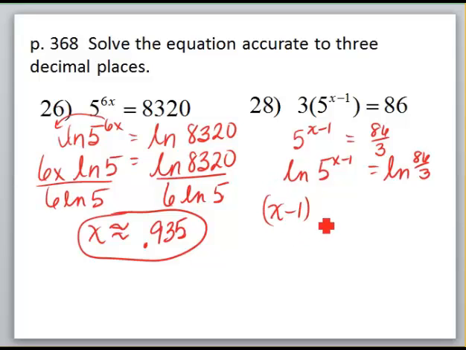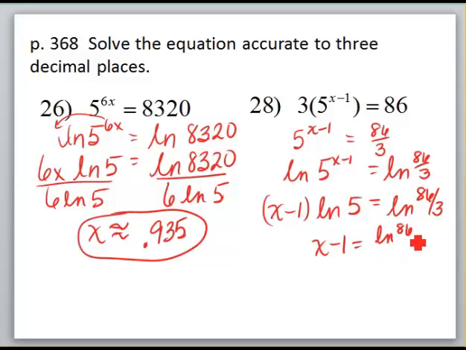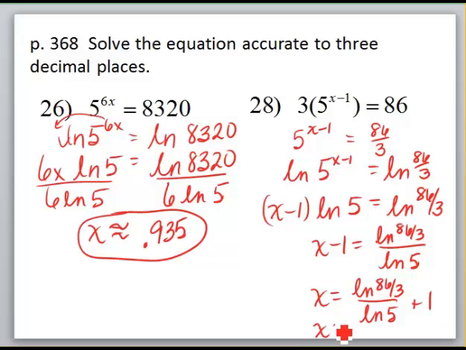So I have x minus 1 times ln of 5 is equal to the ln of 86 over 3. I'll divide by ln of 5 on both sides. So I have ln of 86 over 3 divided by ln of 5. Now I'll get x by itself by adding 1 to both sides. Then I just need to punch this in the calculator to figure out what it is, approximately to 3 decimal places.